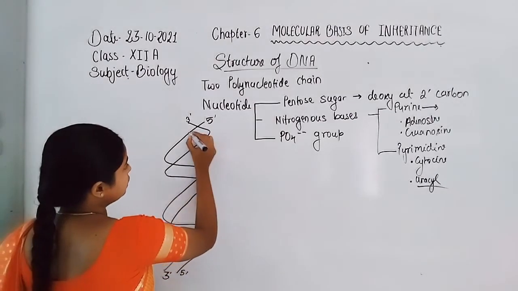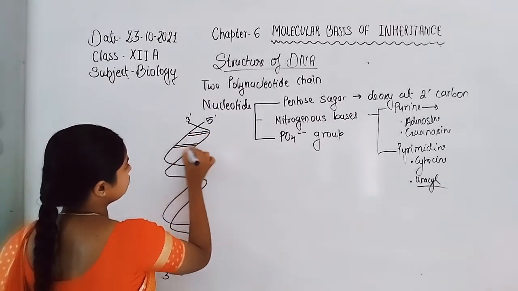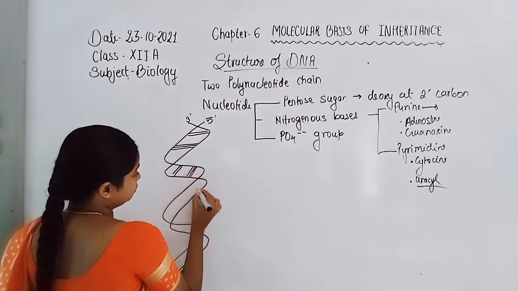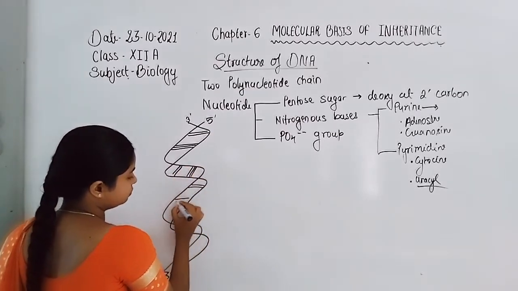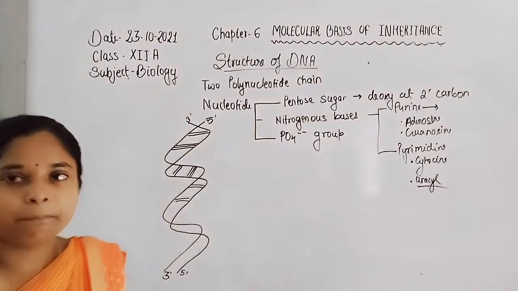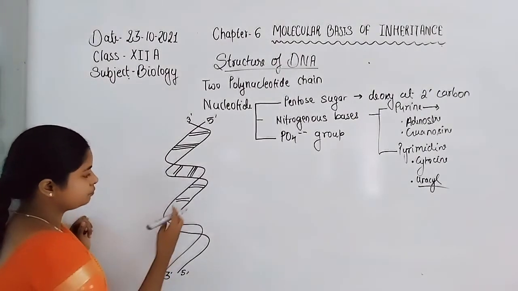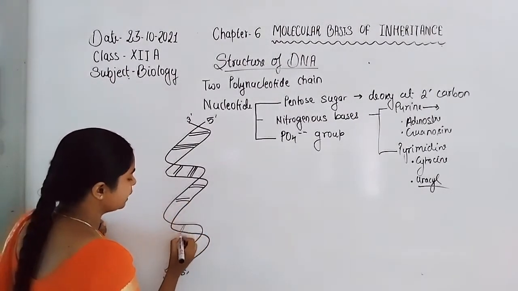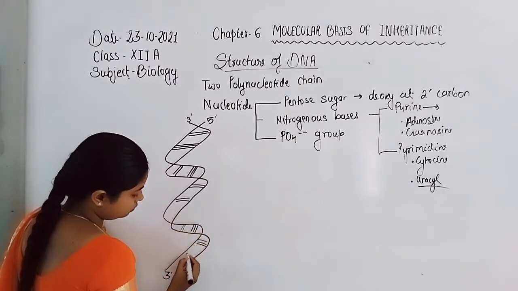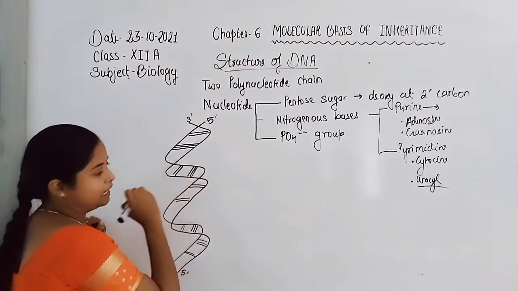Both the strands are linked with double or triple hydrogen bonds present between the nitrogenous bases of the two helices.